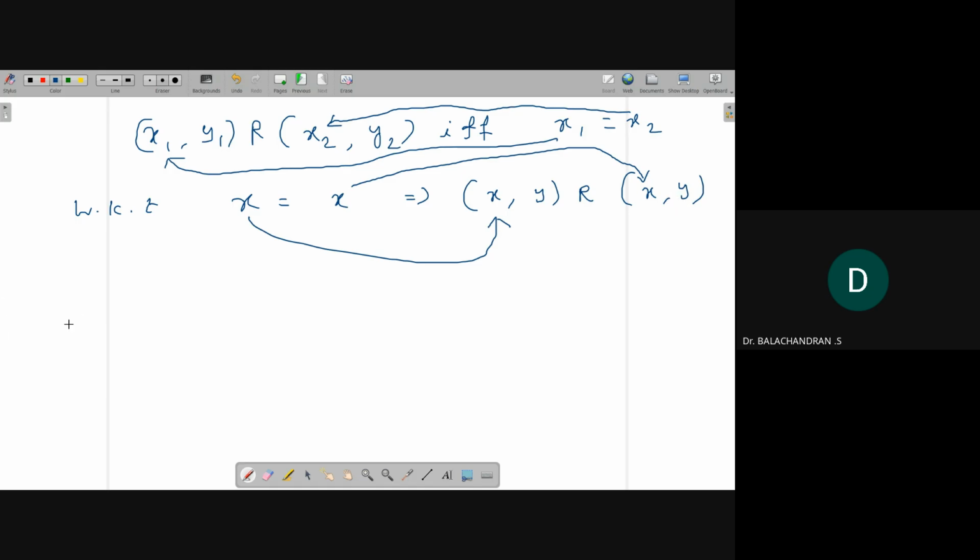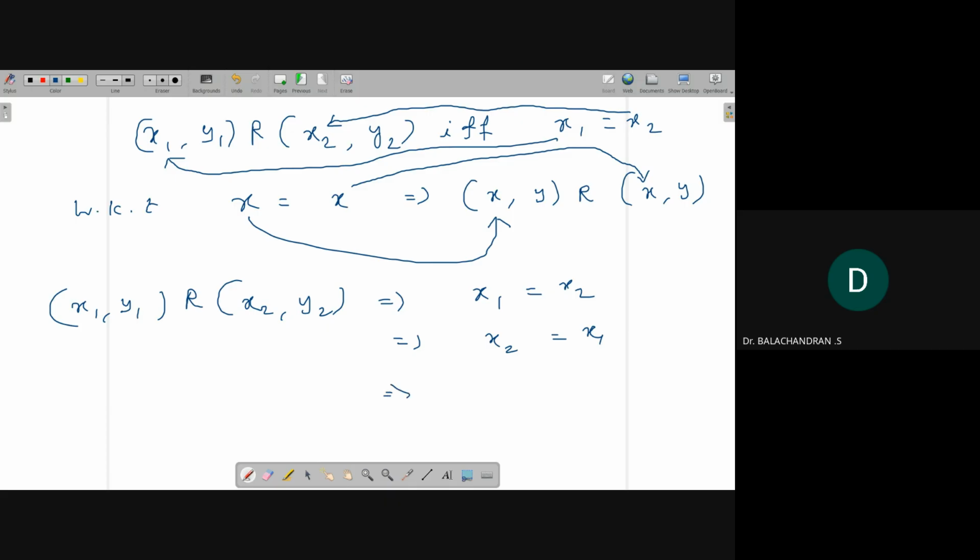Next, for symmetric, x1 comma y1 is related to x2 comma y2 implies x1 equal to x2, which implies x2 is equal to x1.